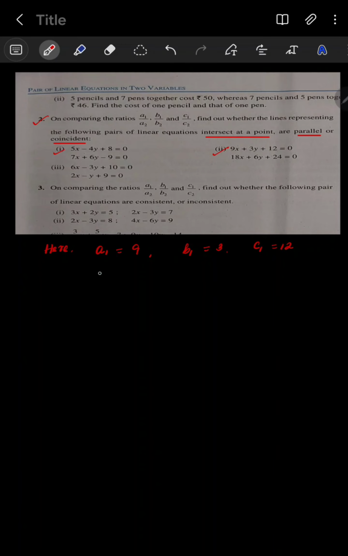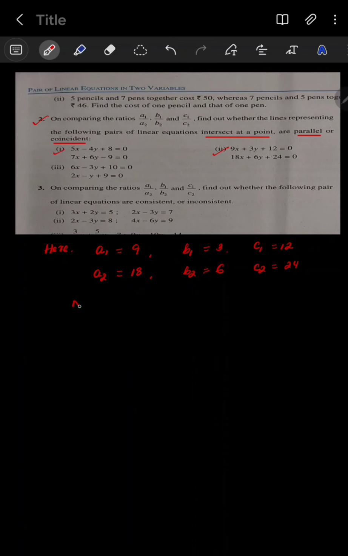Then the a2 value from the second linear equation is 18, the b2 value, the coefficient of y, is 6, and the constant term c2 is 24. And now, as per the question, we have to find the ratios.